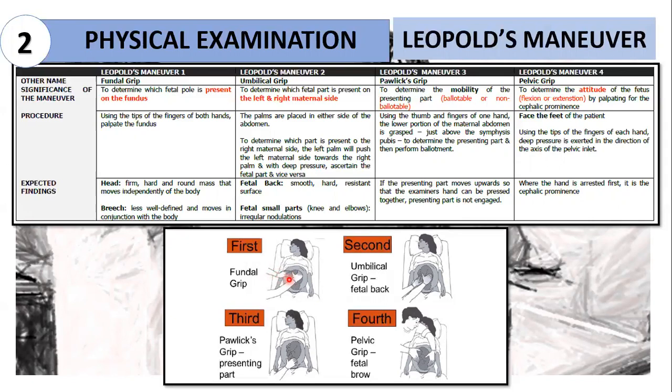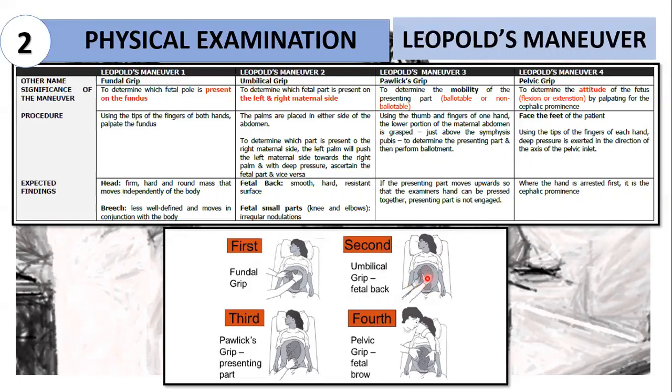Next maneuver would be the umbilical grip. This is done to determine the fetal part present on the left or right maternal side. As you can see in this picture, we place our palms on either side of the abdomen of the mother, and then we push the left maternal side towards the right with deep pressure, and we ascertain the part on that area.